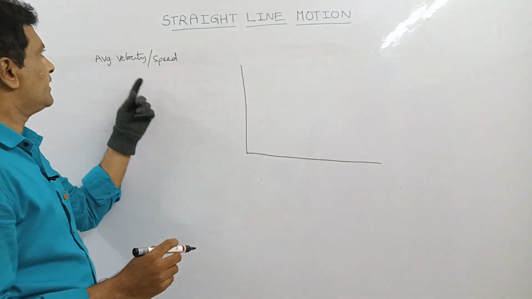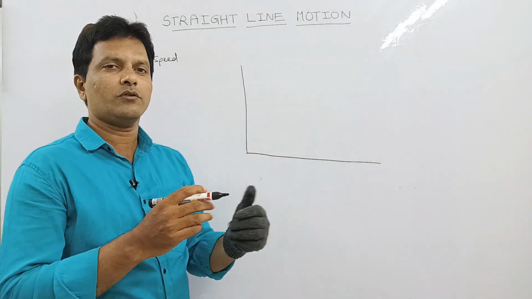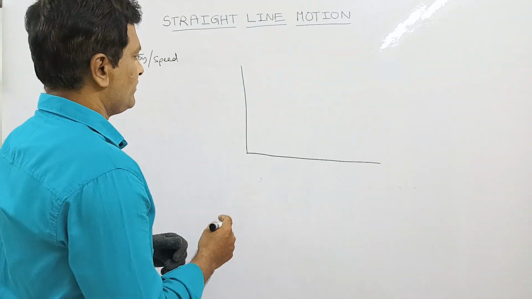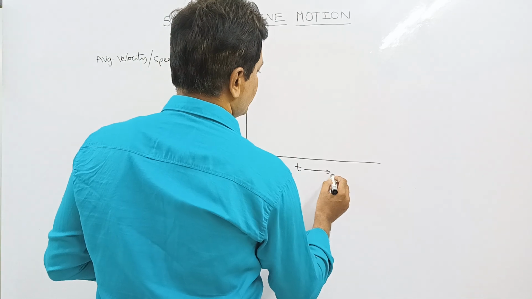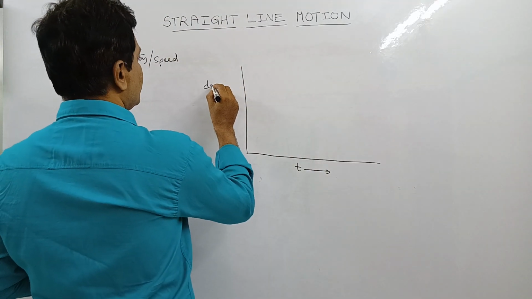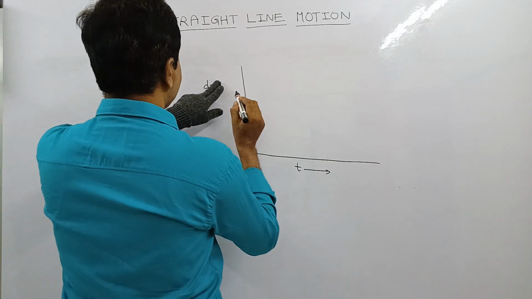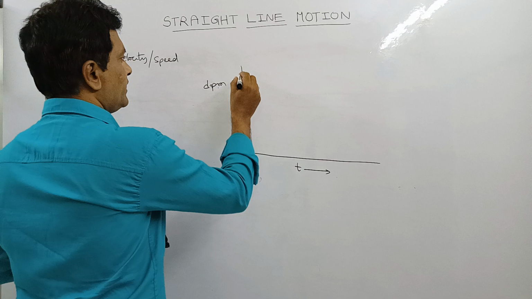So I'm going back again to average velocity to explain it with one example to understand in a better way. If you take the time value on x-axis and, suppose we take, displacement on y-axis.